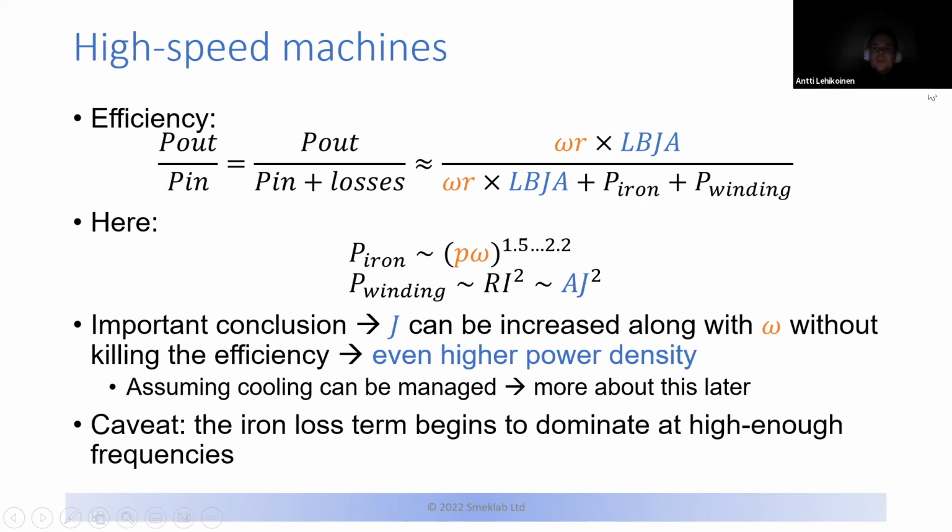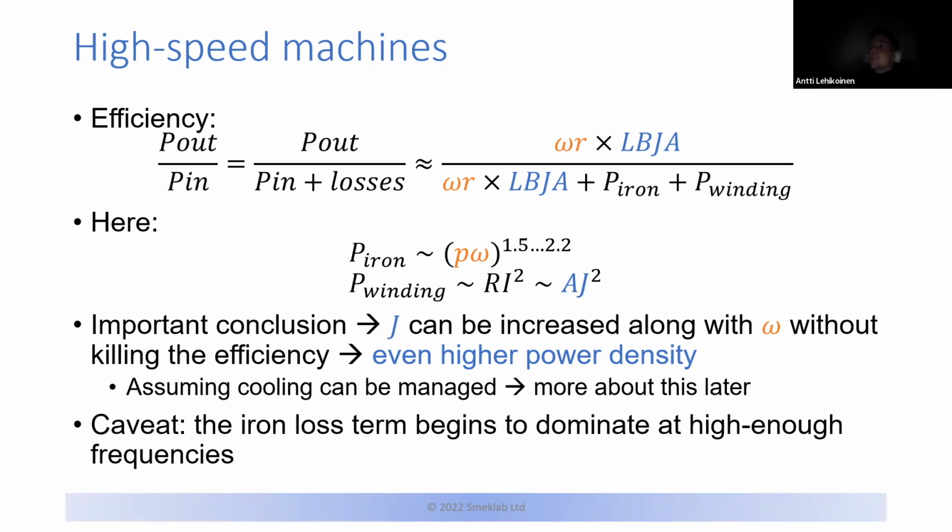So what's the important implication here is that when we increase the surface speed and the output power, the winding losses here stay constant. So our efficiency improves if nothing else changes, unless we go crazy high and these iron losses start to dominate badly.